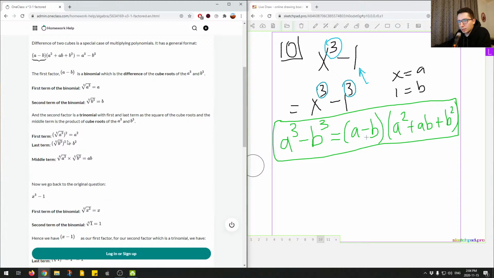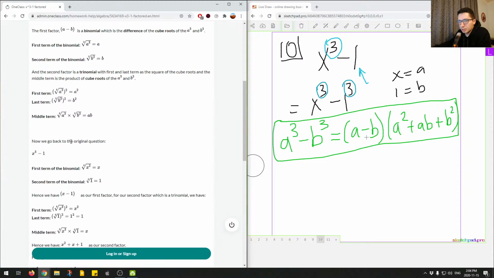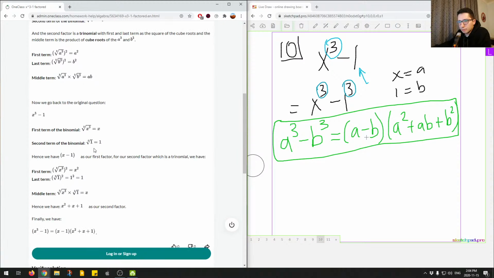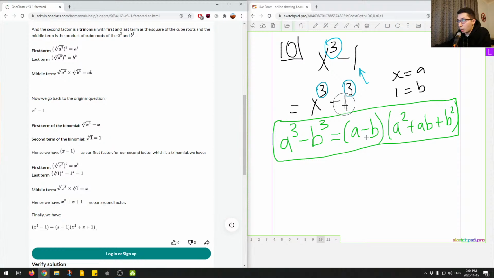So they give you the explanation of what the first term is and what the second term is, which is correct. And then they apply it to our expression here, x cubed and 1 cubed, and they plug in the values into the template equation. So this is a little more elaborate explanation, but really for this question all you need to know is this template formula.